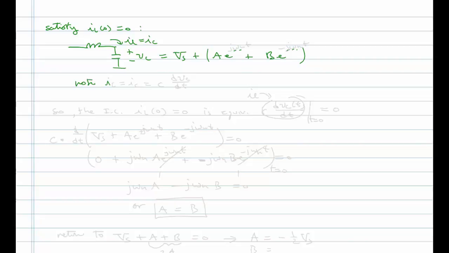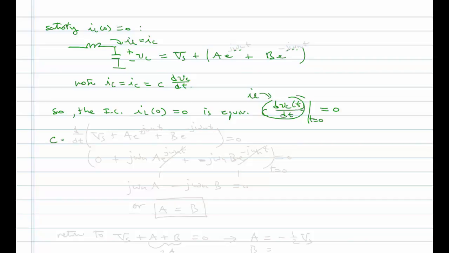Note that the current IL is related to the capacitor voltage by C dVc dt. So the initial condition IL of 0 equals 0 is really equivalent to requiring C dVc dt evaluated at 0 to be 0, because this is IL.